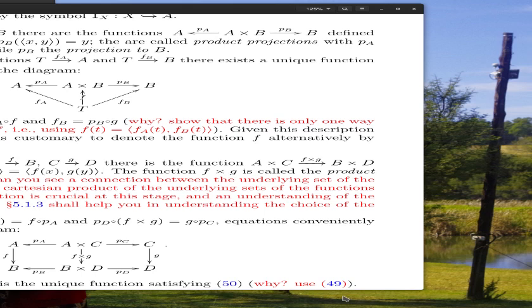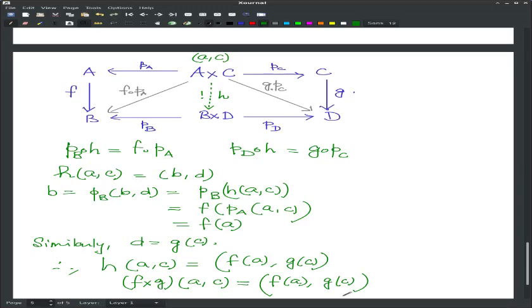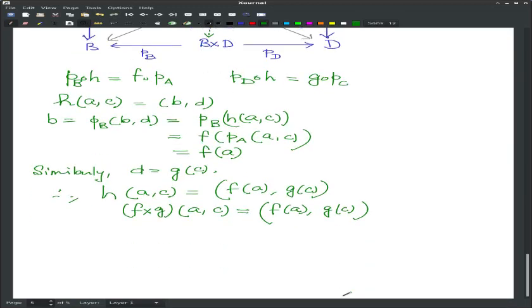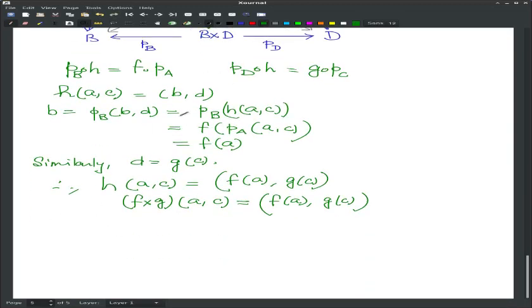The red thing, can you see a connection between the underlying set of this function and so on? Well, I will ask you to look into it and try to give your understanding. I would not expect a very clean answer at this stage. Remember, if you say function, it means it's a relation.